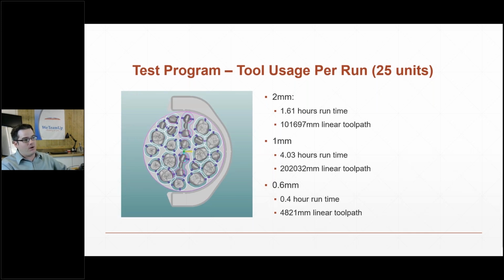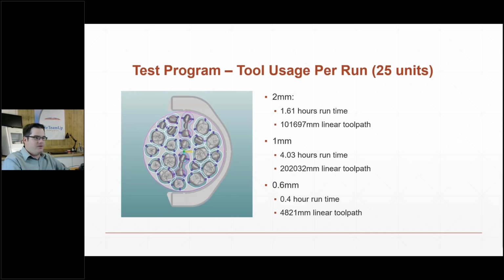A typical program is going to be mostly 1 millimeter tool paths. So you can see this one runs the 1 millimeter for 4 hours, where the 2 millimeter only runs for 1.6 hours. And it generally runs about in that ratio. It's like a 1 to 2 ratio. And then the 0.6, as you can imagine, doesn't do very much. It's only doing your detail run.